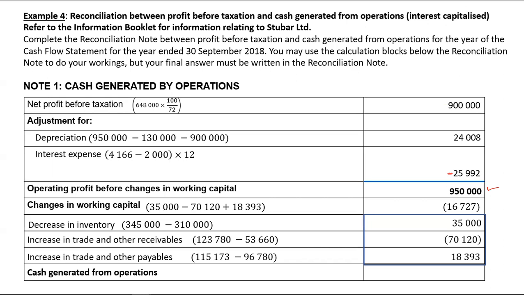So when you add these two, they will give you this here, which will be 933,276.